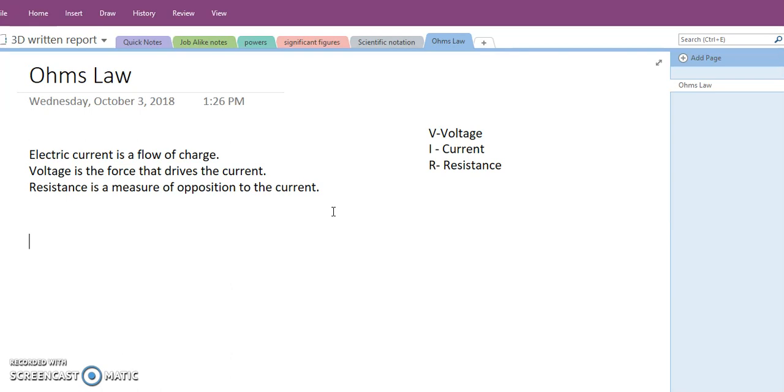Okay? So when you look back at our previous lecture, you will remember that as you increase voltage, you increase current. So the question is, how can we write that down mathematically? And how can we express that in words? And this relationship is very special because it only works one way when you get down to it.